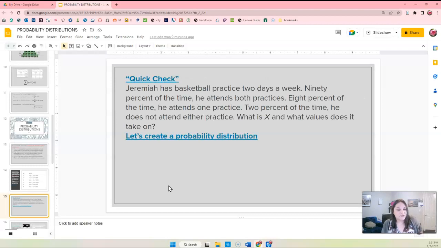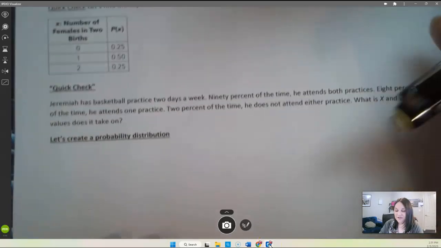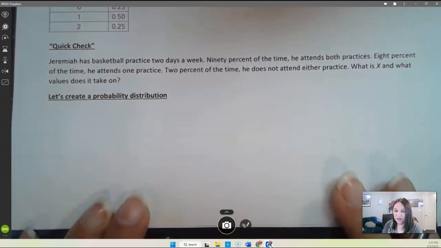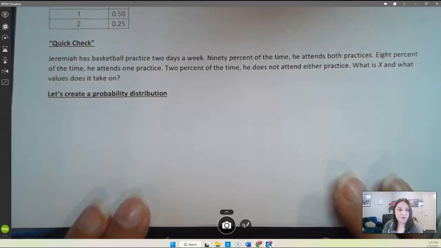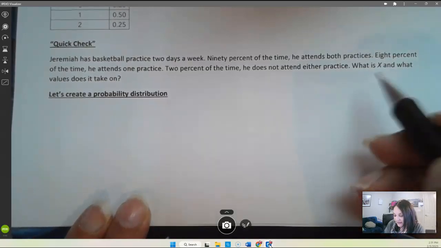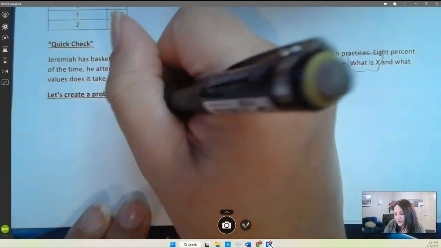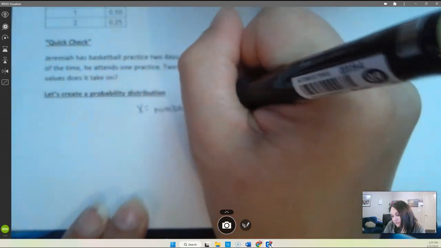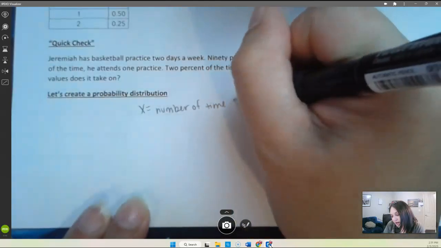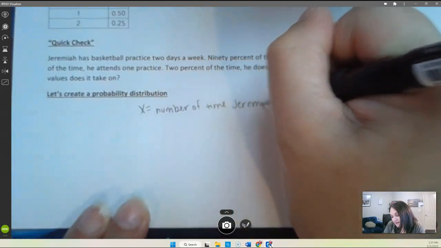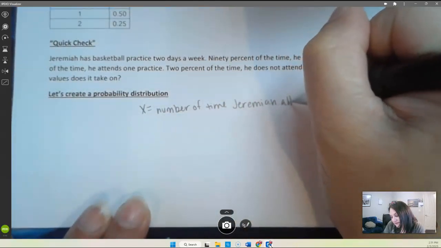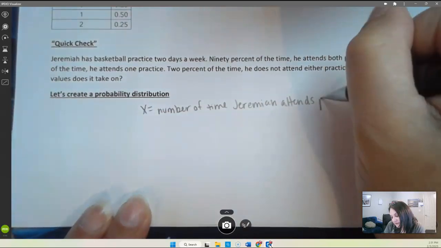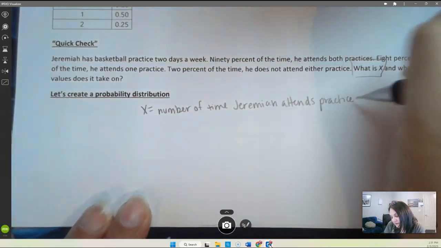Here we go. So Jeremiah could either go to practice twice, no times, once, or twice. And so that is what X represents: the number of times Jeremiah attends practice per week.